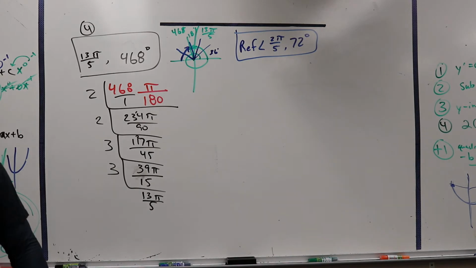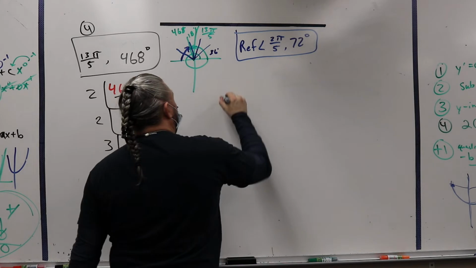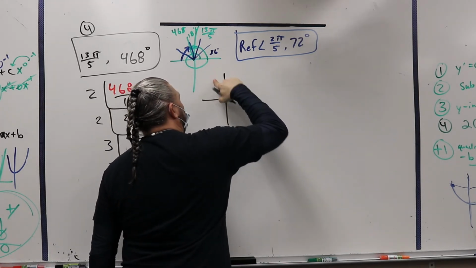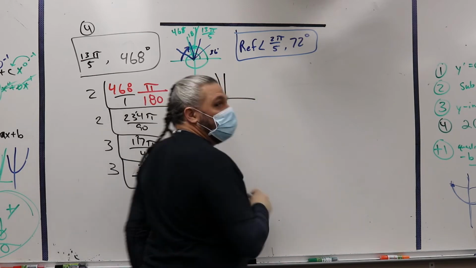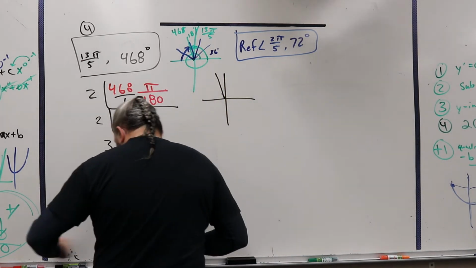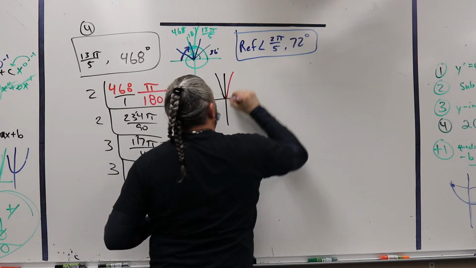What do we need now? The coterminals, right? So think about that. We got this degree that's up here. Well, it's really like this, right? And there's 5 of those pieces, right?